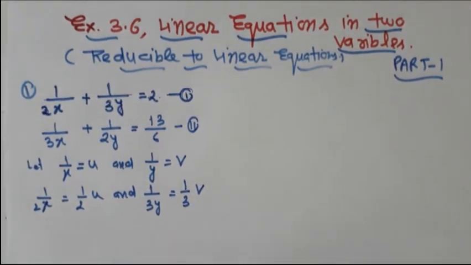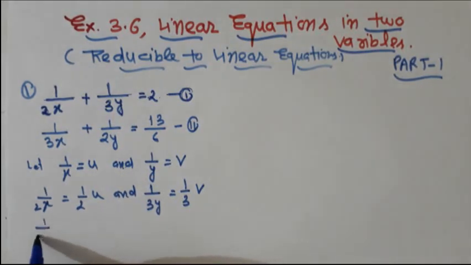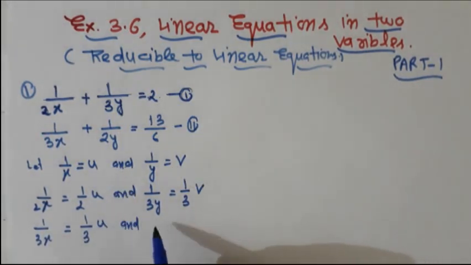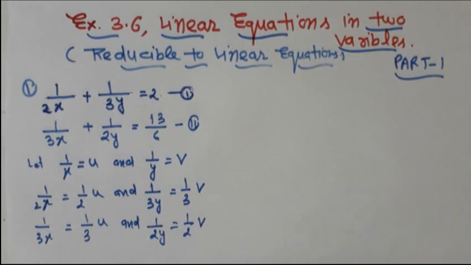In the same way, in the second equation, 1 upon 3x is equal to 1 upon 3u, and 1 upon 2y is equal to 1 upon 2v.